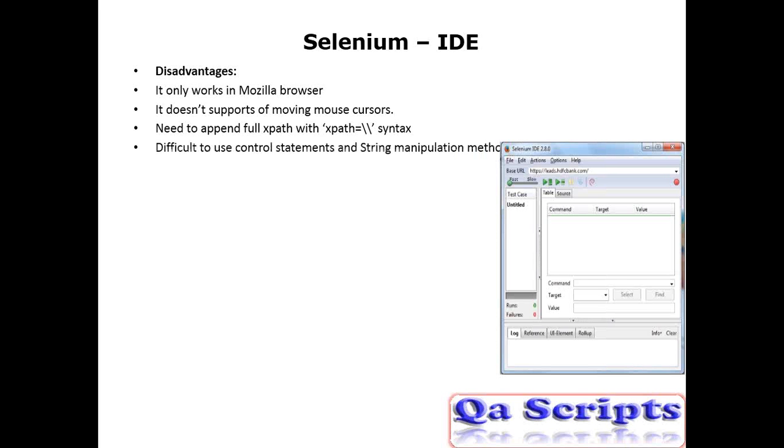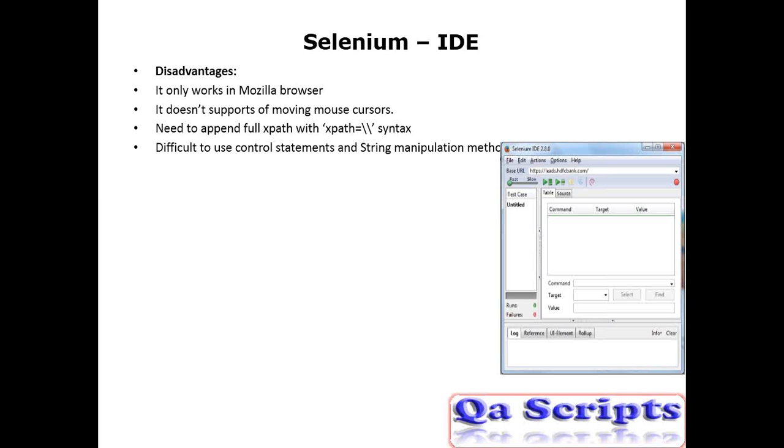Difficult to use control statements and string manipulation methods. Here, after recording, all the methods, all the commands will be listed one by one. It will not allow us to use control statements like for loops and while loops extensively, and we cannot use the string class to manipulate the characters as well as the string, because in real time we may need to compare one keyword to another keyword, one string to another string.